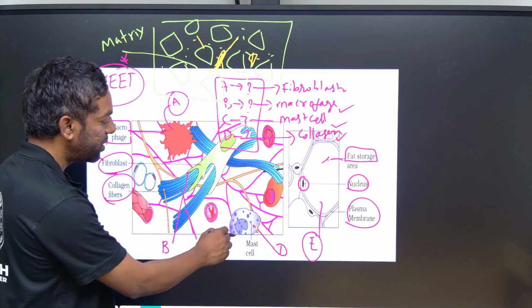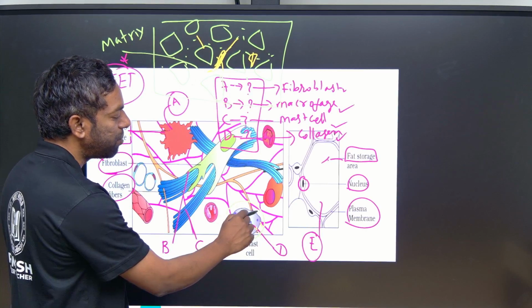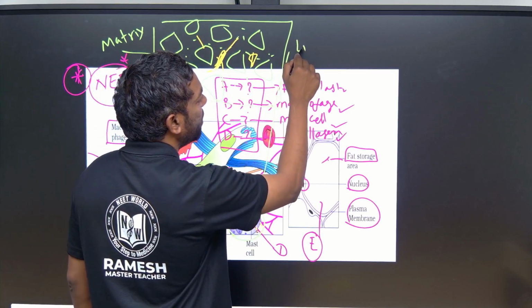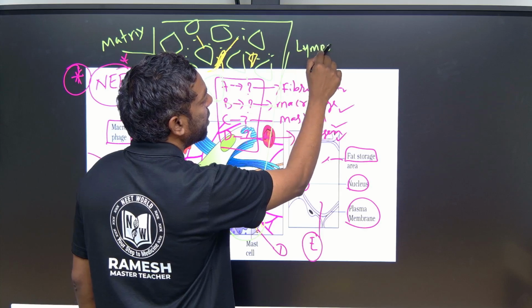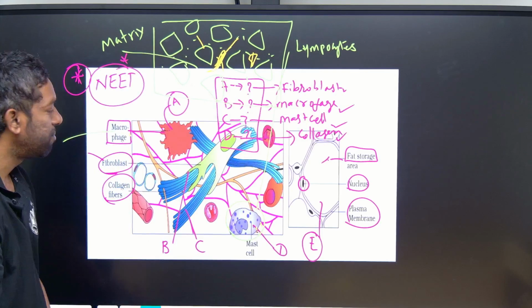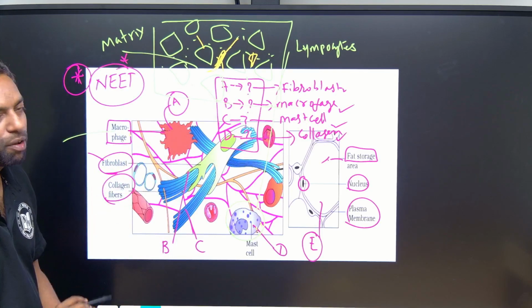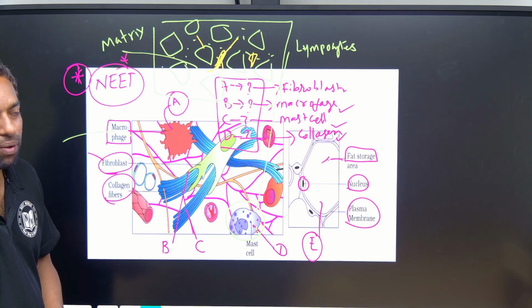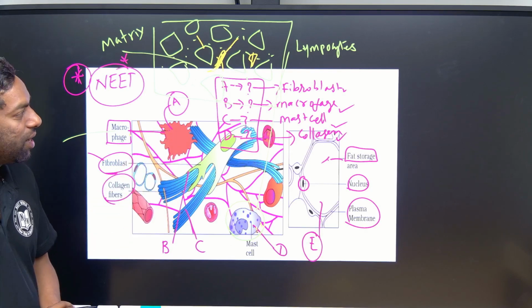Macrophages are also lymphocytes, the structure of the lymphocyte. WBCs are of 5 types.